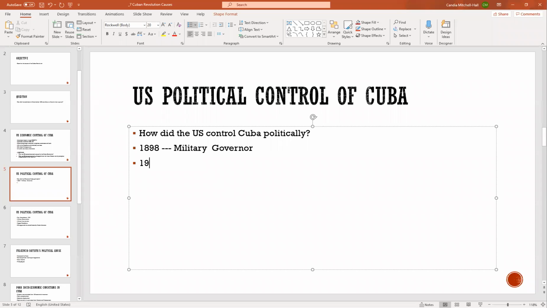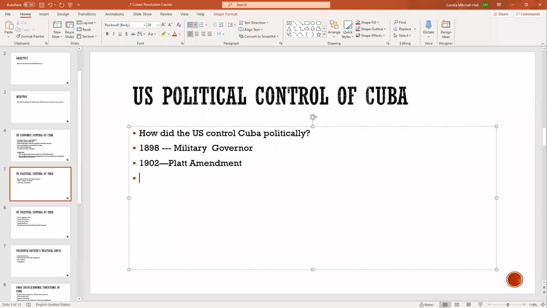Then what happened in 1902? After that, they started elections, so Cubans could elect their own government. What did they put into the Cuban Constitution, what was that called? The Platt Amendment. So another way in which they control them is through the Platt Amendment.